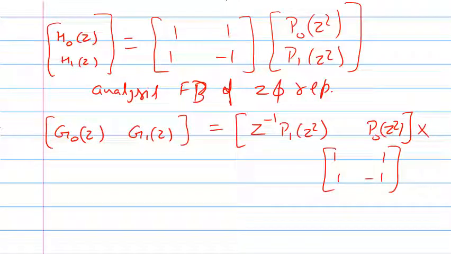Now let me do a polyphase realization of the two-channel QMF filter bank on the next slide. The polyphase realization for that has P0(z²) and P1(z²), and here we have the input x(n), and then a delay element by 1.